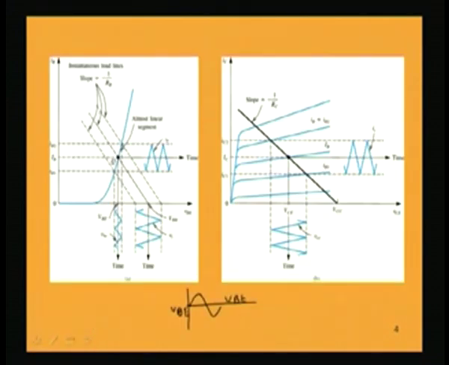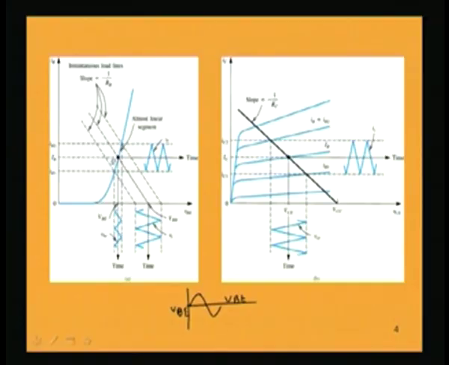If we join these points we get the load line, and the intersecting point between the characteristic and the load line gives the operating point, as we all know.